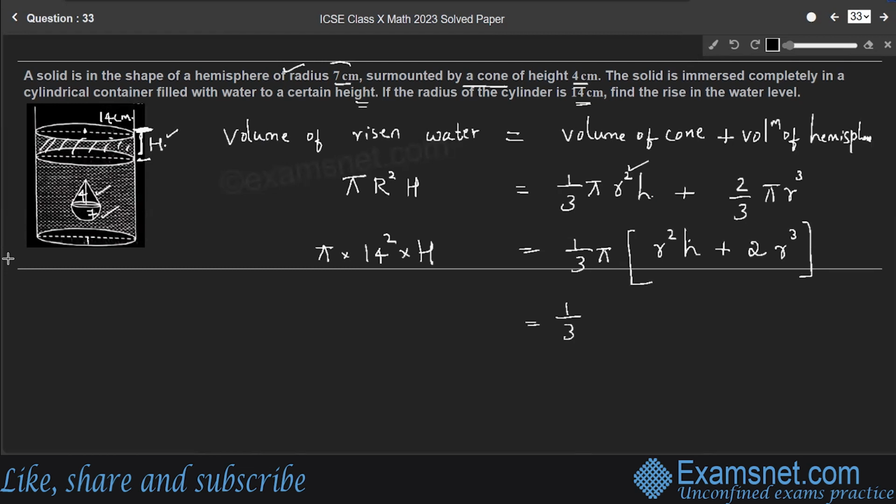So 1 by 3 pi into radius square. The radius of the cone is equal to the radius of the hemisphere, which is given as 7 centimeter. So 7 square into the height of the cone, given as 4, plus 2 times 7 cube.